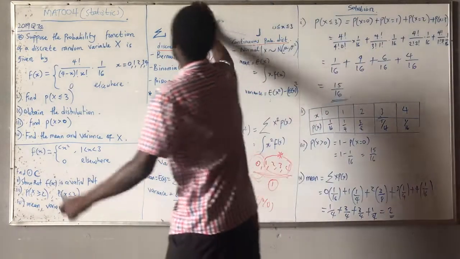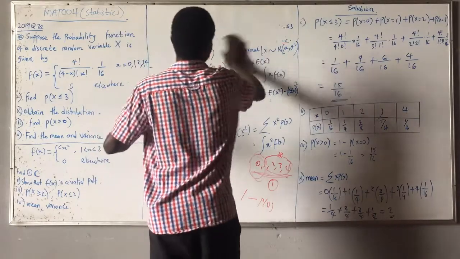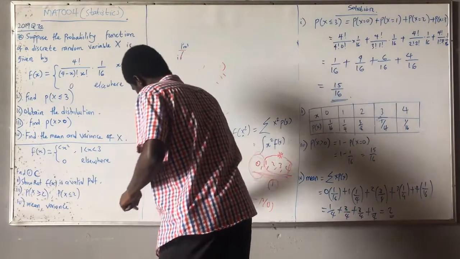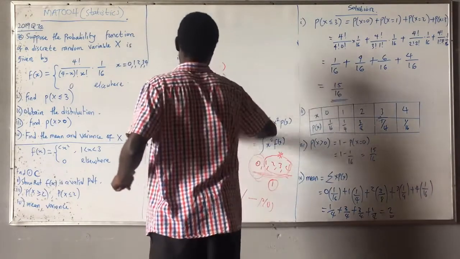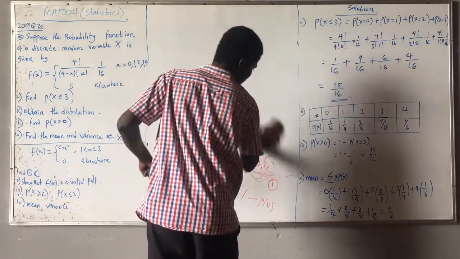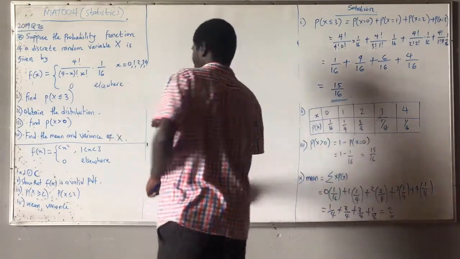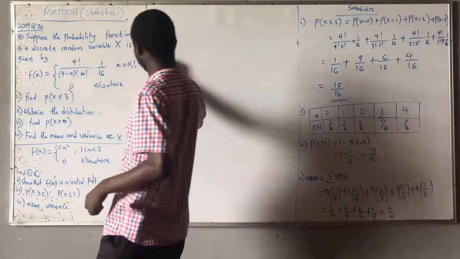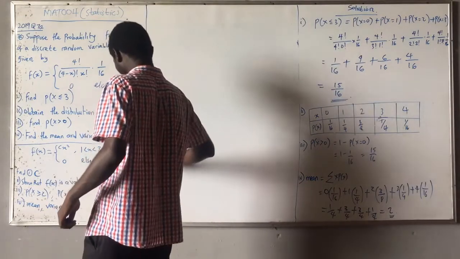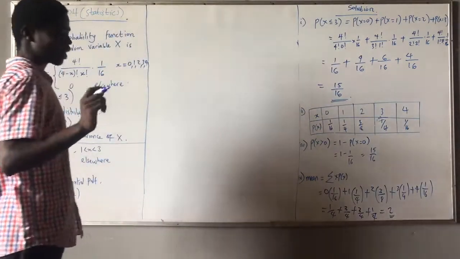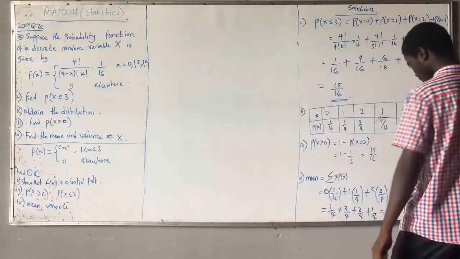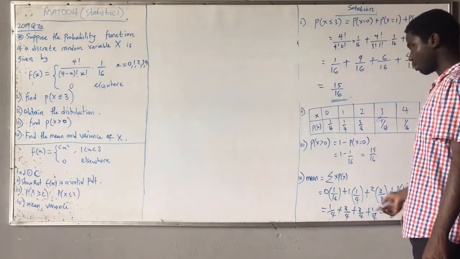Now let's calculate the variance of the probability distribution.